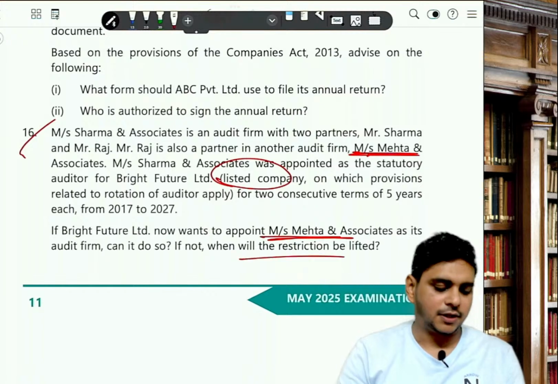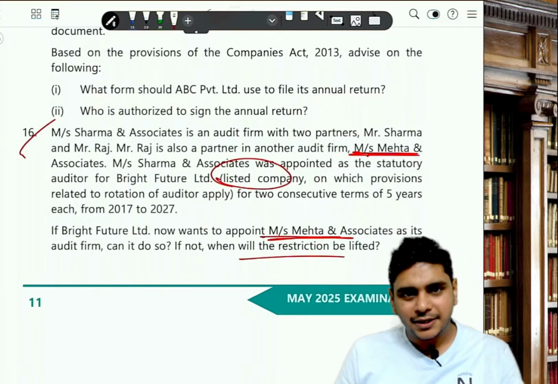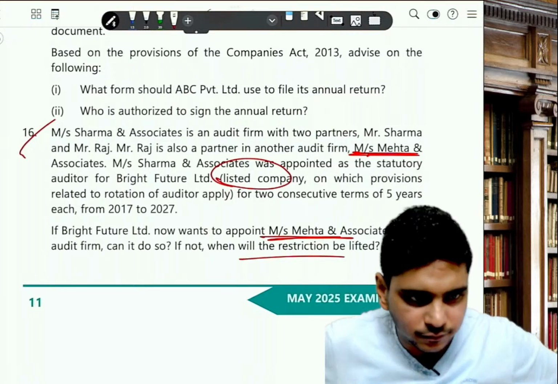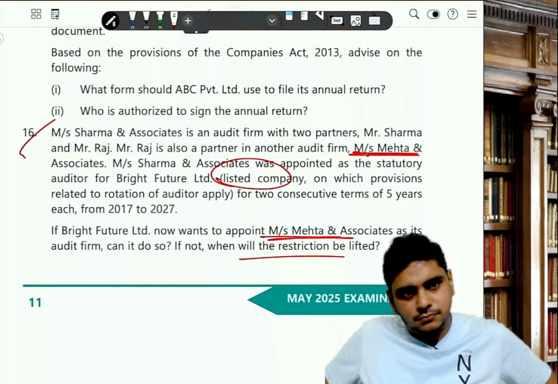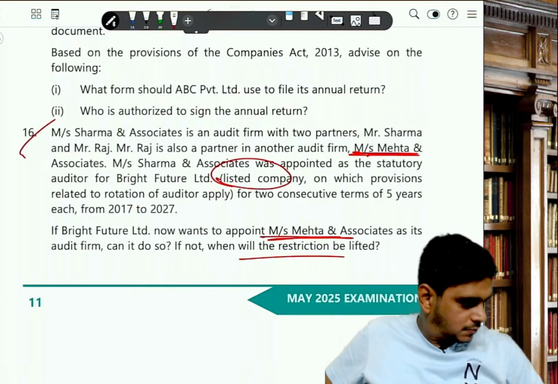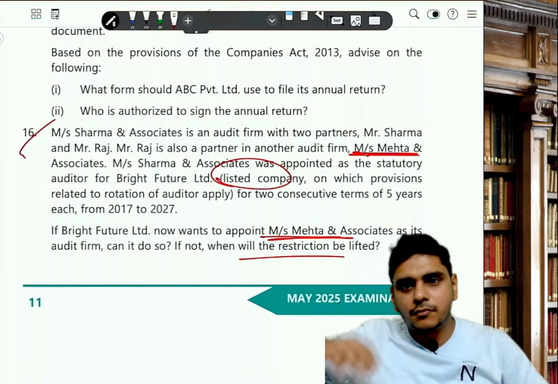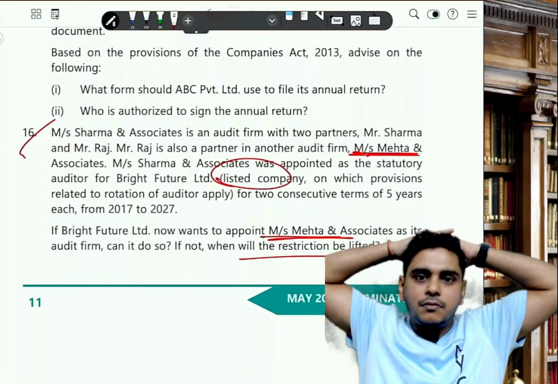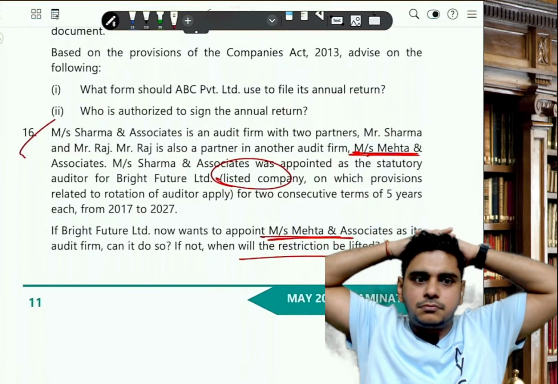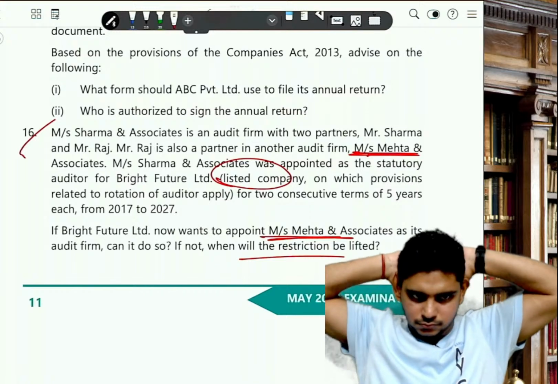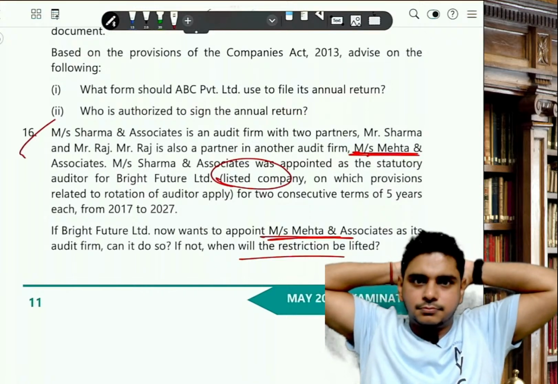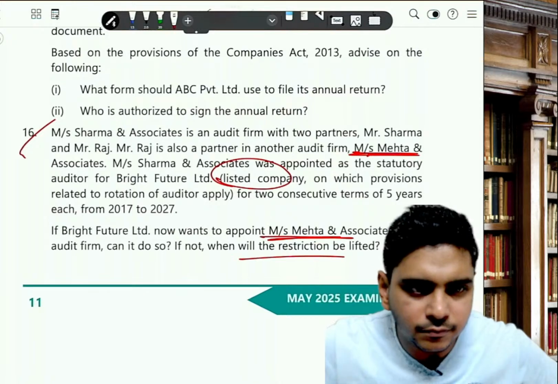If not, when will the restriction be lifted? Tell me. Rotation of the auditor. Tell me, guys. Can he be appointed?